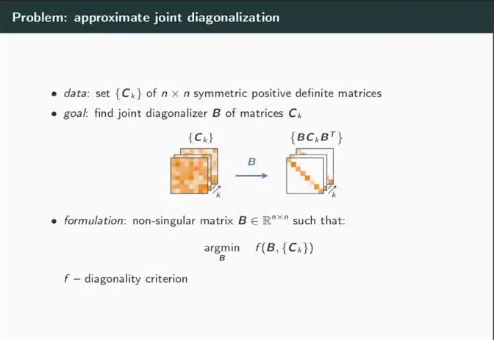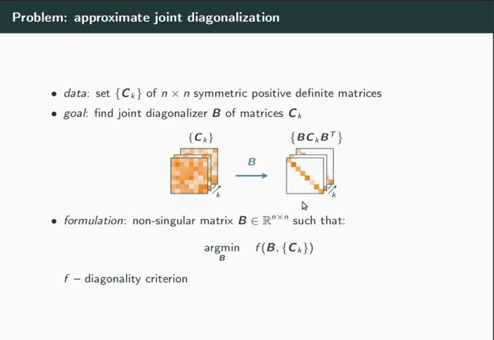And now I'm going to talk to you about approximate joint diagonalization for blind source separation. So the problem of approximate joint diagonalization is that we have a set of positive definite matrices, and we aim at finding a joint diagonalizer B of these matrices, that is, a matrix B such that the transformed matrices B C_k B transpose are as diagonal as possible.